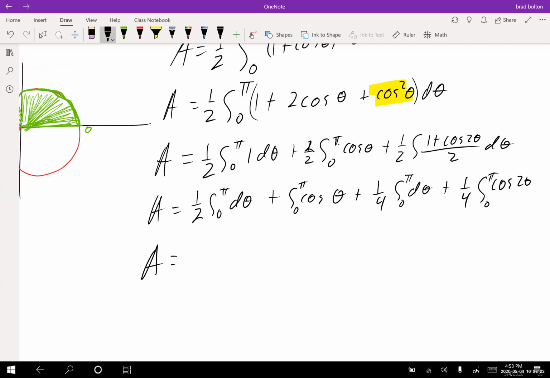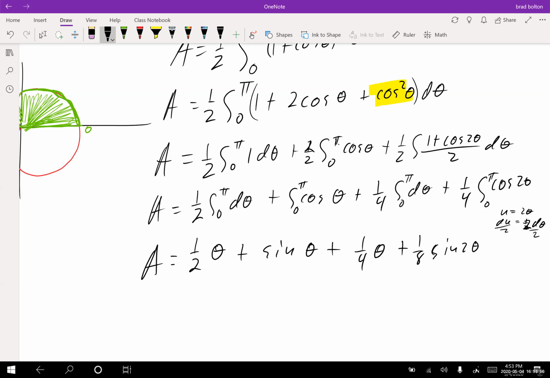And then we have area equals, so now that I'm integrating, 1/2 theta plus sine theta, plus 1/4 theta plus, now this will be a little u sub, right? 2 d theta, so we're going to get that 1/2 again over here, so then I'm going to get 1/8 sine 2 theta. Okay, and now all of this is going from 0 to pi.